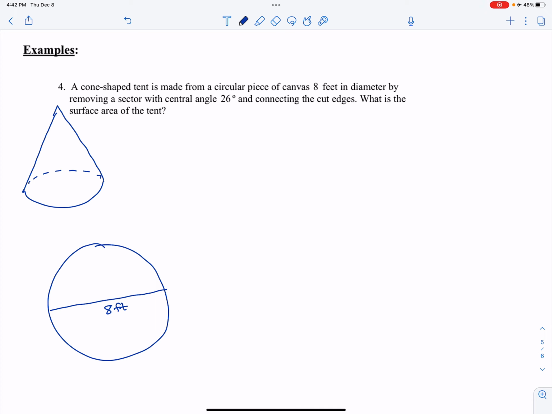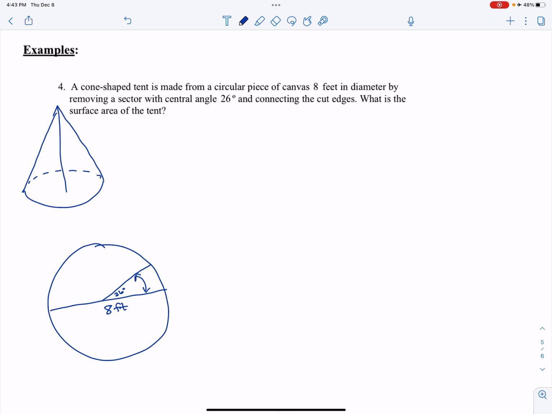And what they did was they cut out a sector of it, and it had a 26-degree angle, and they sewed these two sides together and then probably laid it on top of a pole so that way it would be a tent.